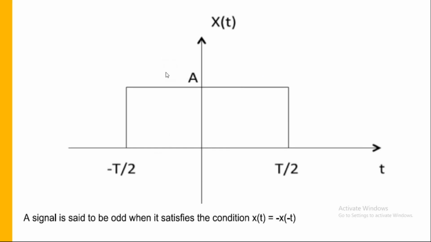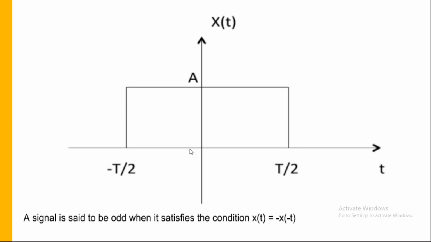Now when I observe this waveform, is it an even function or an odd function? Take the mirror image, fold it along the vertical axis, and this part will come and fit here like this, right?